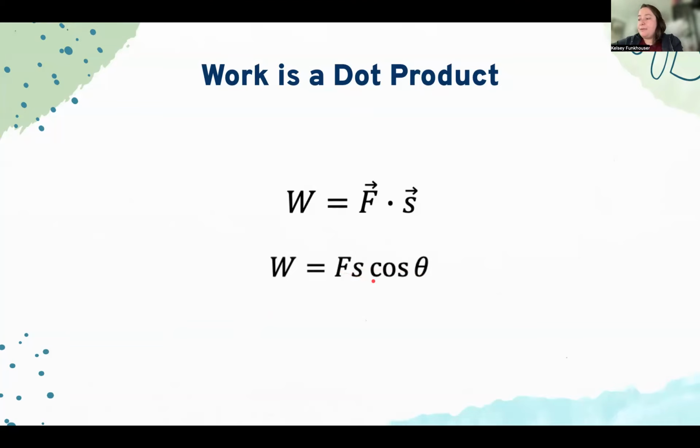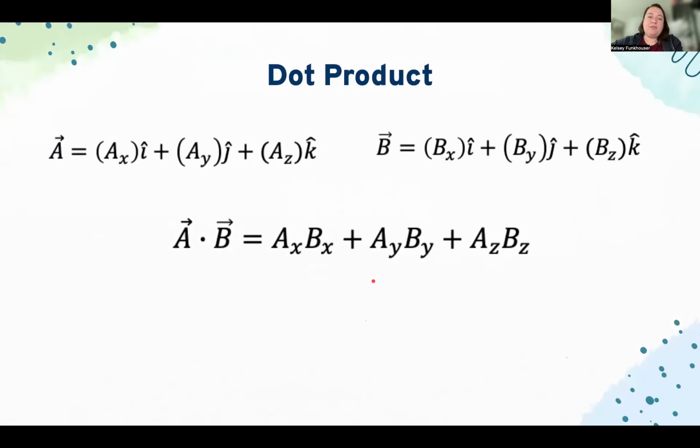If we have a more complicated situation where the displacement wasn't in just one direction, so let's say we have two full vectors, then the dot product is just the sum of the components multiplied by each other: ax times bx plus ay times by plus az times bz. Just for clarity.